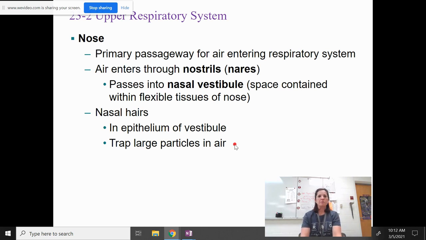Your nose: the nares are known as the nostrils, and this is your primary passageway for air entering the respiratory system. It's important to breathe through your nose because the hairs in there are going to trap the large particles in the air.